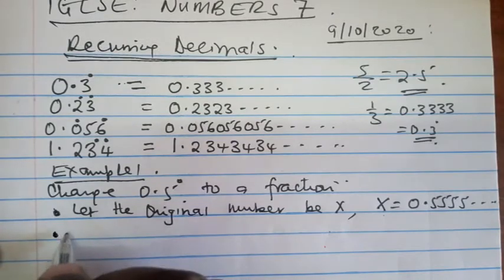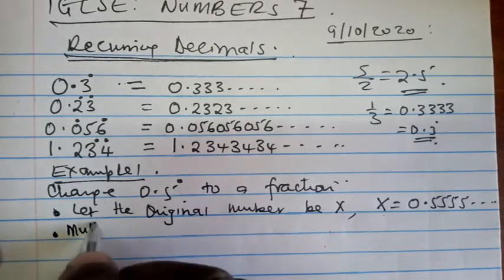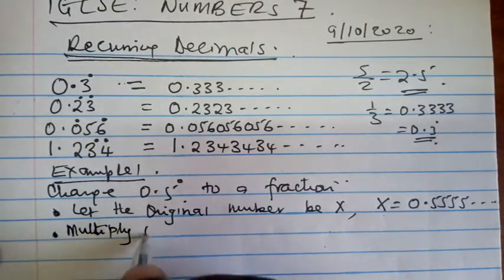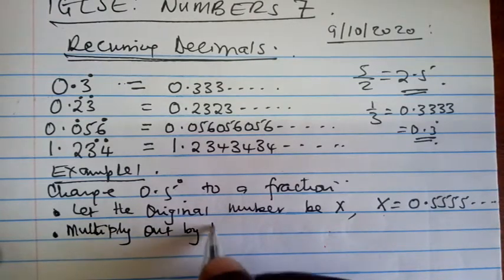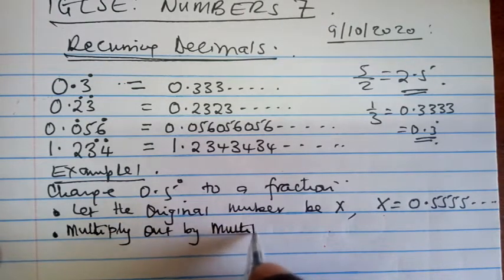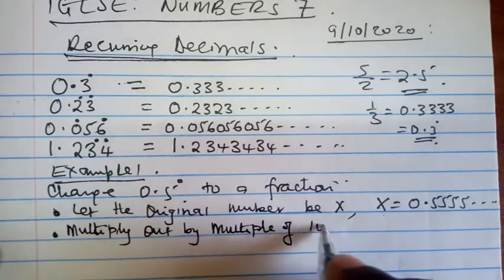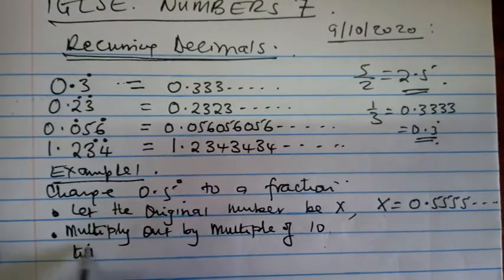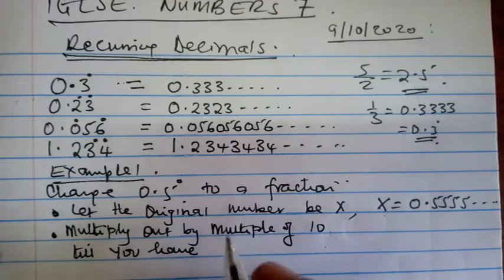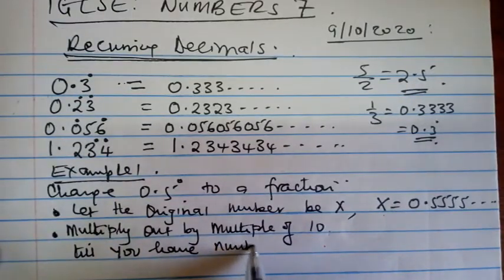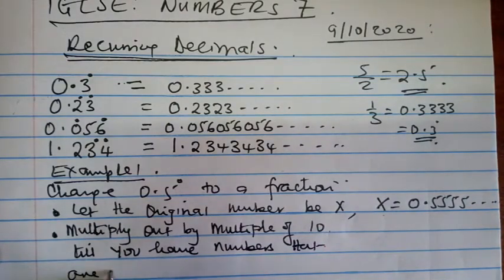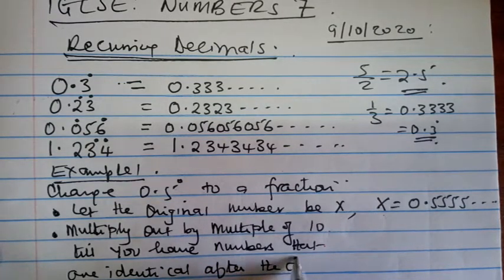And step number 2, multiply out by multiples of 10 till you have 2 numbers that are identical after the decimal.